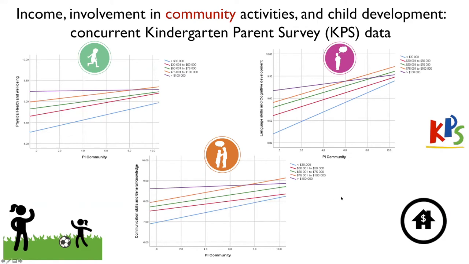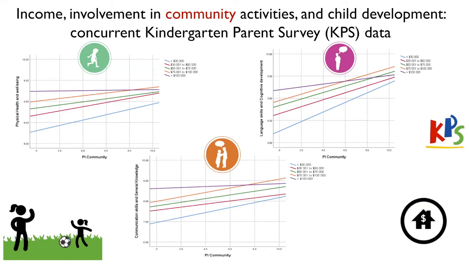And without going into too much detail about what it was, the 5 lines represent 5 different levels of income. If there is one take-home message from those 3, you can see that the top line on each of the graphs, which is purple, is pretty much flat. So for children who are in the highest income levels, whether their parents do a lot of community activities with them, it really doesn't make any difference to their development.